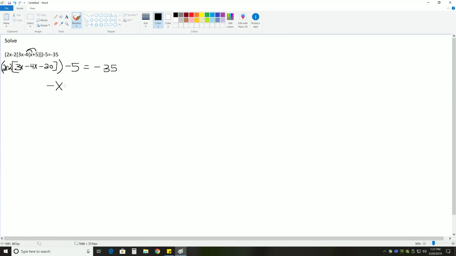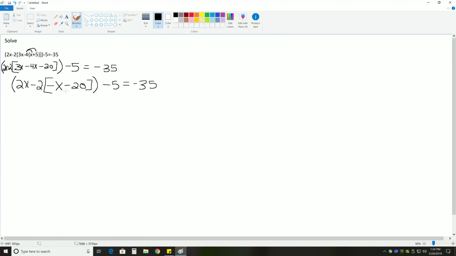So we have negative x minus 20 inside of our brackets, our negative 2 on the outside, and our 2x with our parenthesis. Copying down the rest of the problem, we have our parenthesis minus 5 equals negative 35.